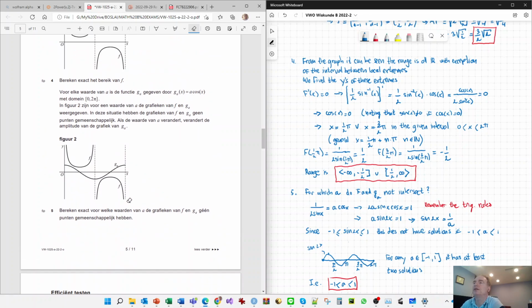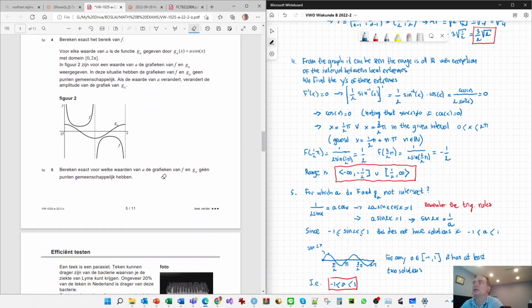Okay, now they give a function GA of x, the same domain, and they're asking for which value of a does this function GA not have any intersection with function f.